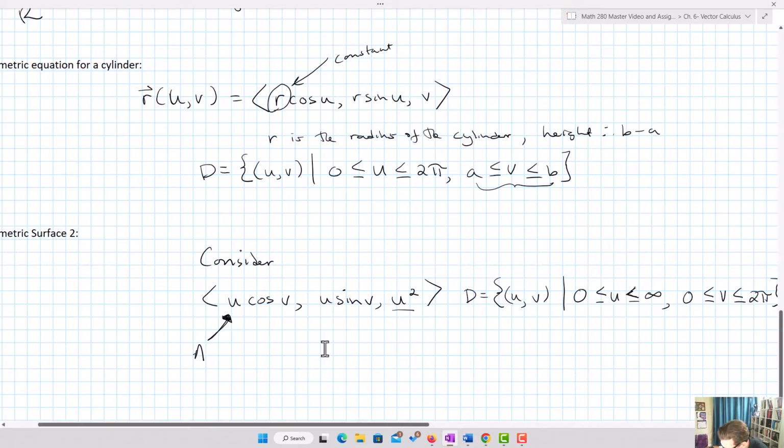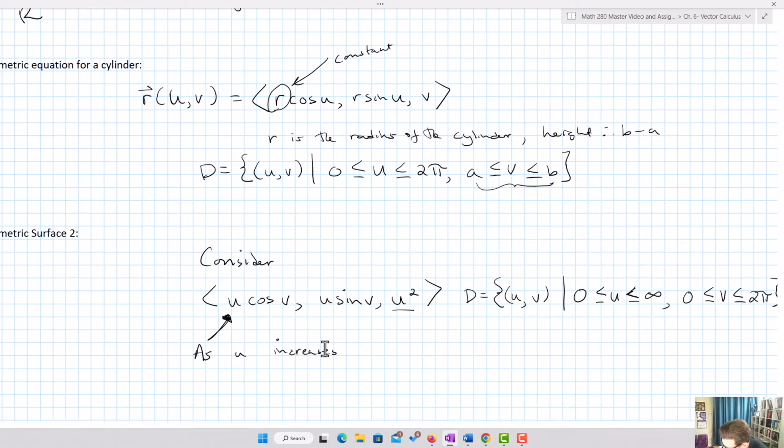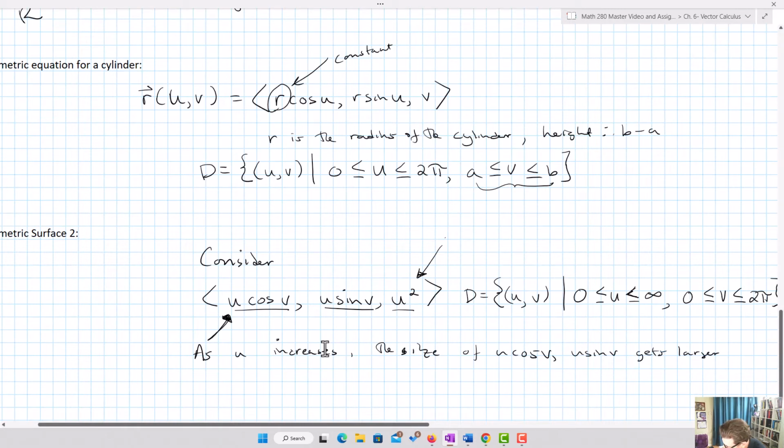As u increases, which means as we go up in the z, because notice that u squared has to do with the z, the size of these gets bigger. Whatever they are, they're going to get larger.